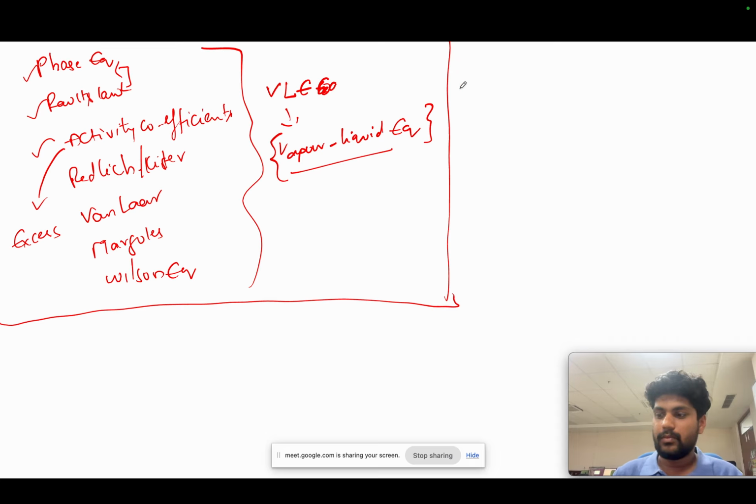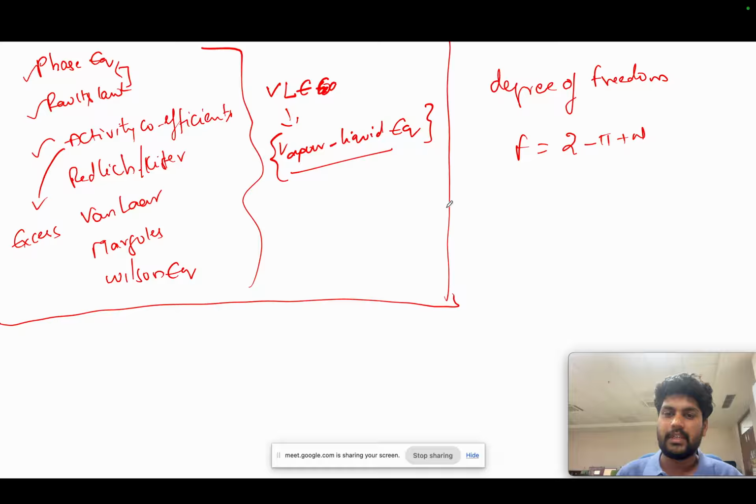So you already know degrees of freedom, right? As we discussed in the last few classes, F equals 2 minus pi plus n. So if I say that we have vapor-liquid equilibrium of one component, can you tell me what will be the degree of freedom?